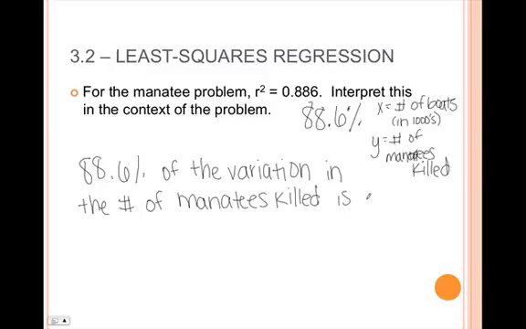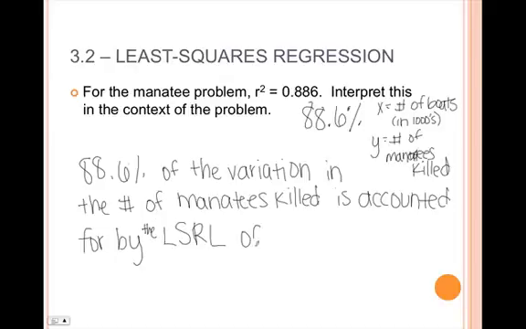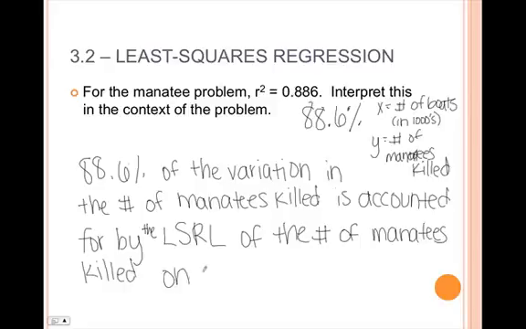is accounted for by the least squares regression line. You may write LSRL. Yes, you may. By the least squares regression line of y, the number of manatees killed, on x, the number of boats.